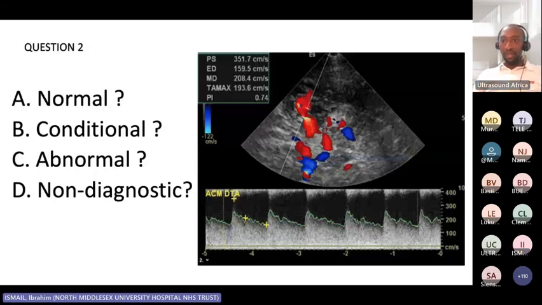I have to say no, we don't. We primarily focus on the time average mean only in this respect. I think the Lindegaard ratio is more usually used in adults, but I might be mistaken. It's not something we would use in our diagnostic parameters here.